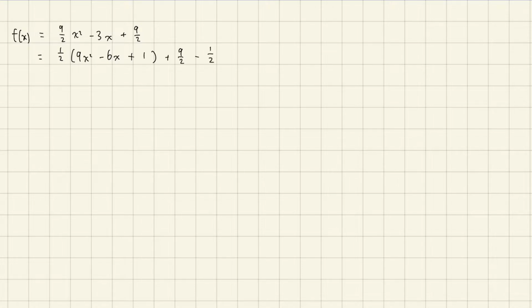This will all simplify out into the vertex form of half times, in parentheses, 3x minus 1 squared plus 4.